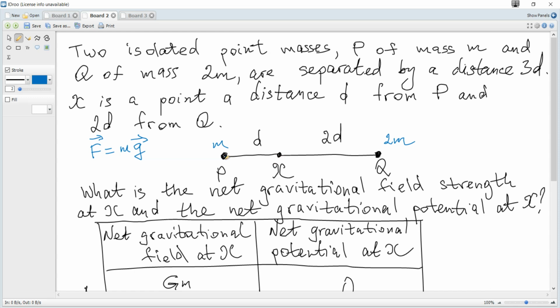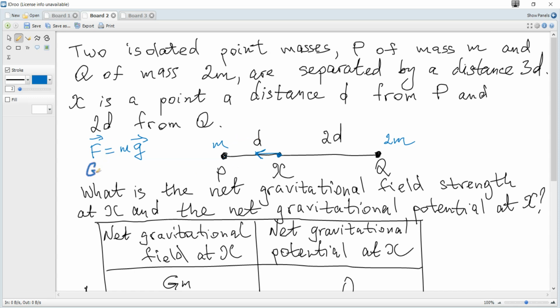So if we consider that mass P produces a field at X, the vector of field strength will be directed to P, and it will have a magnitude of what it is.